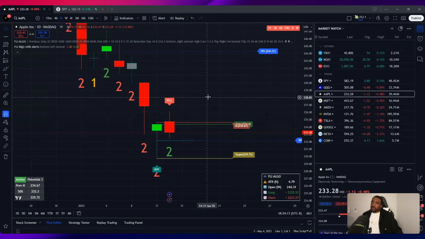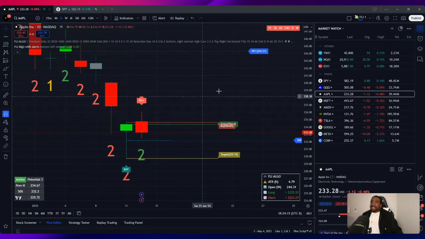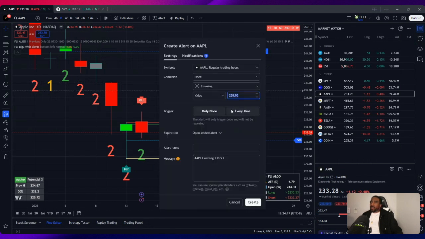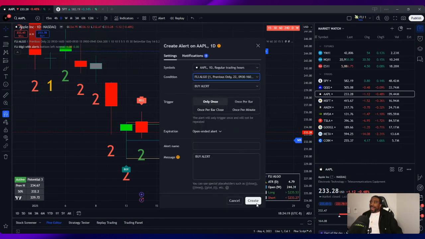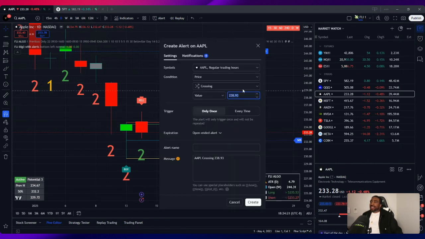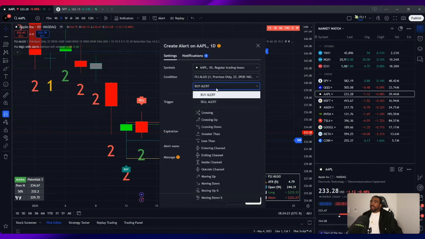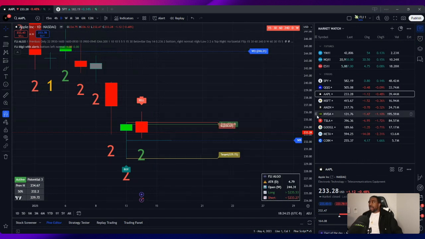So what I like to do on the daily is I like to set an alert for a buy signal, and I like to set an alert for a sell signal, right? And you can reset these because some of them are going to trigger, so you can reset them how you like. But the reason why I set both is so I only have to set it one time, and I can just reset it day to day.